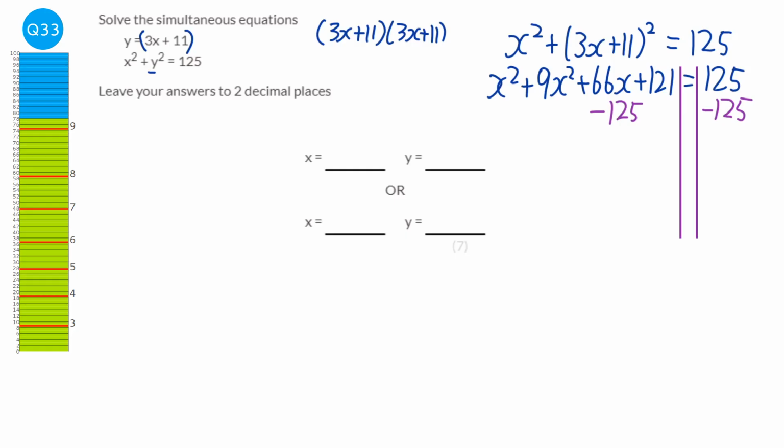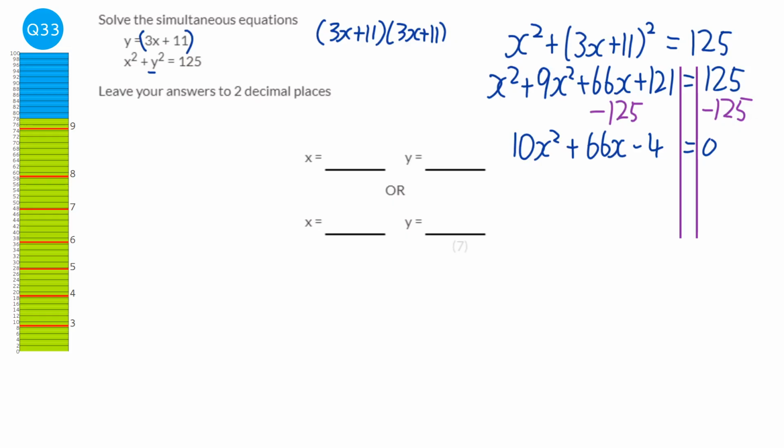So x squared plus 9x squared is going to be 10x squared. We've got 66x on its own, and we've got 121 take away 125, which is minus 4, equal to 0.